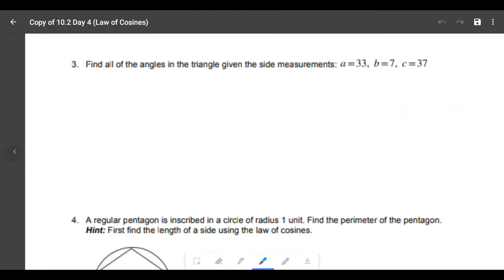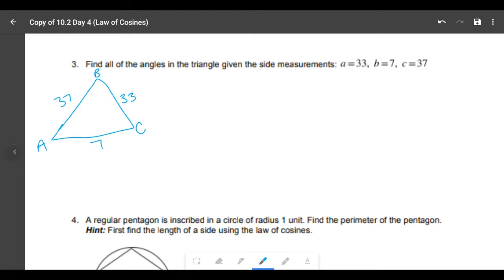For problem number 3, we are given 3 side measurements for a triangle. So let's go ahead and just draw in a non-right triangle. And it tells me side A is 33, B is 7, and C is 37.